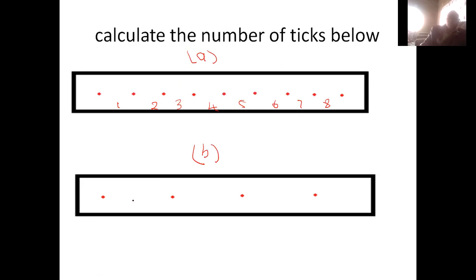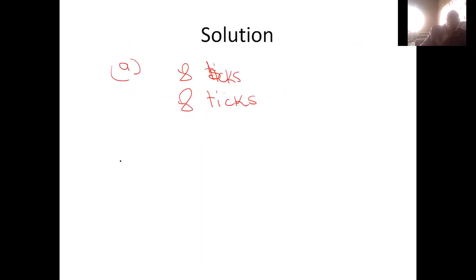What about B? 1, 2, 3. So B has 3 ticks. So we have known how to interpret the number of ticks on a ticker tape.